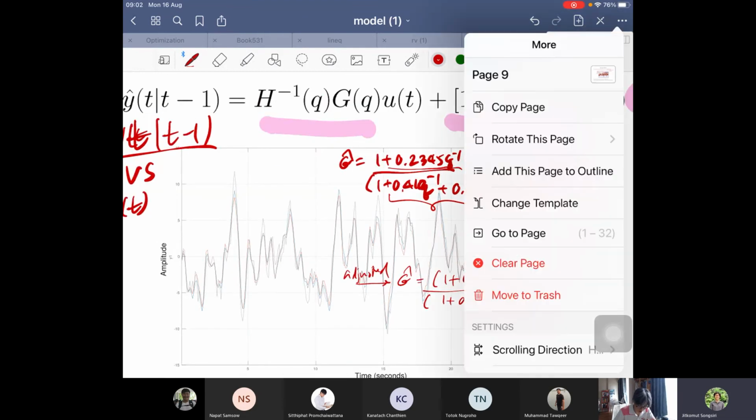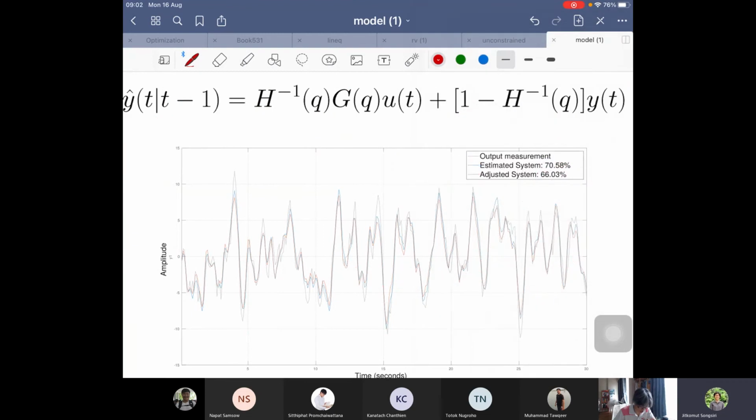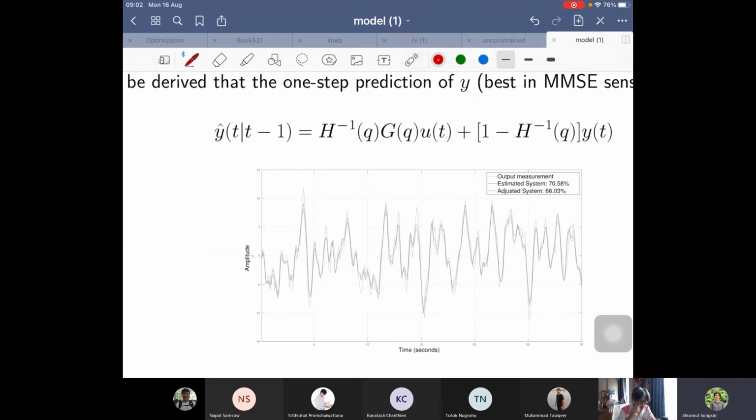Let me also mention that this is just for illustration purposes. When you work in real time, when you do the prediction, it is the following. The blue line is this, this is t. The blue line is yt at the moment.